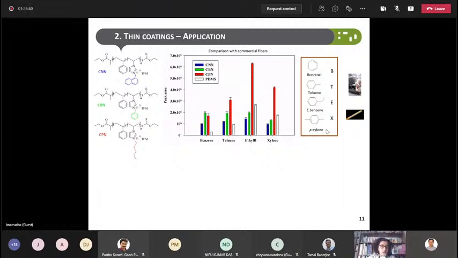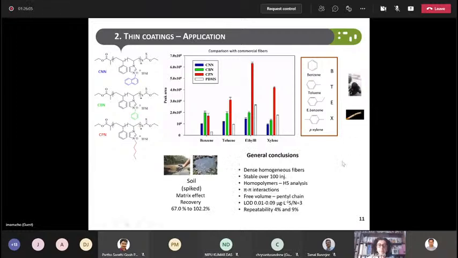As you all know, BTEX compounds constitute one of the contaminants from oil spills and lubricant spills in the sea and in the soil from the pumps. They are also present in cigarette smoke. And so we thought that it should be interesting to test.